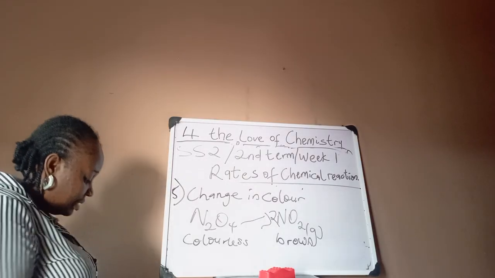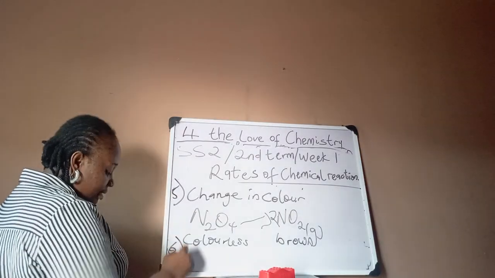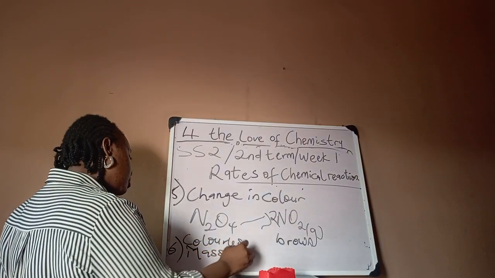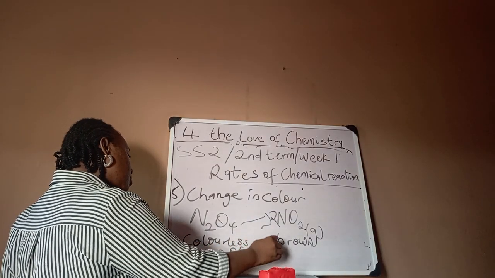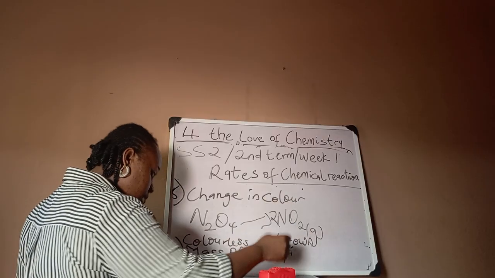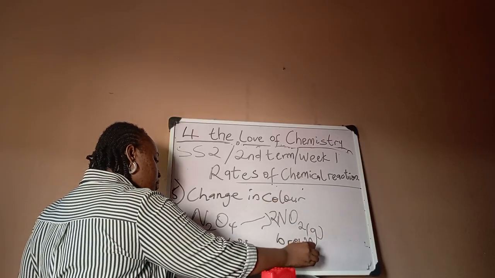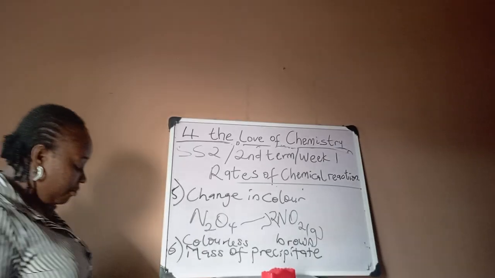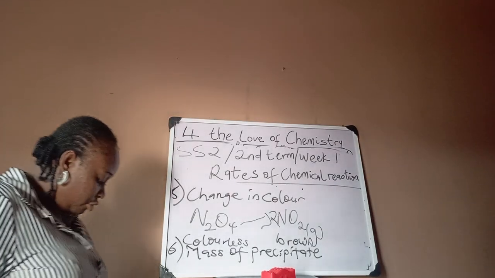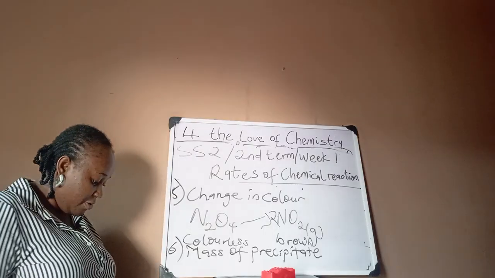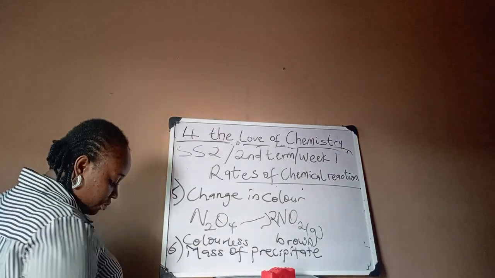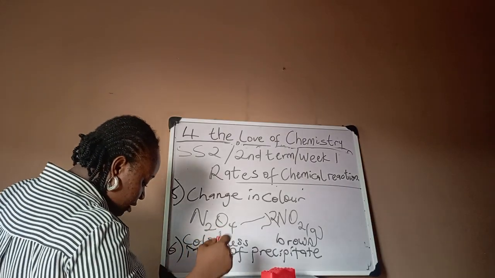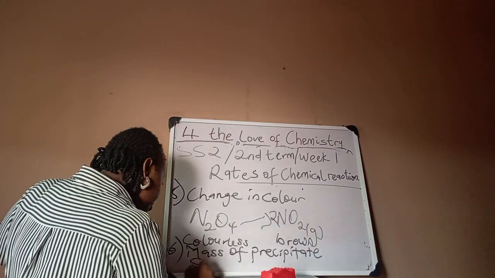All right, so number 6 is mass of precipitate. What is the mass of the precipitate? So we have thiosulfate ion reacting with hydrogen ion to give water, sulfur dioxide and sulfur.